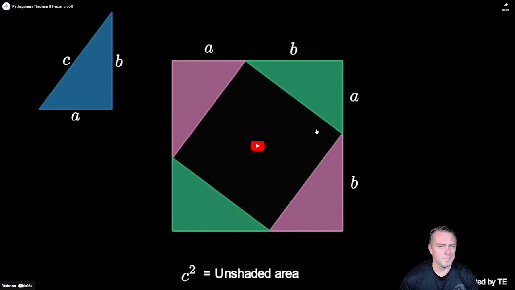But then the empty void space, if you push this down here, is the same as B times B. And then the empty void down here will be A times A, which hopefully you'll pick up when you see the animation. So this void space in black here is equal to C squared, because if we look here, we've got C times C. It's one of the classic ways of showing the way that this works.